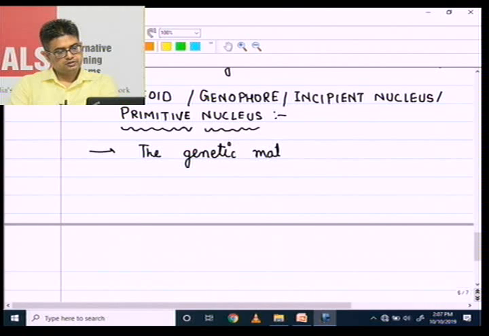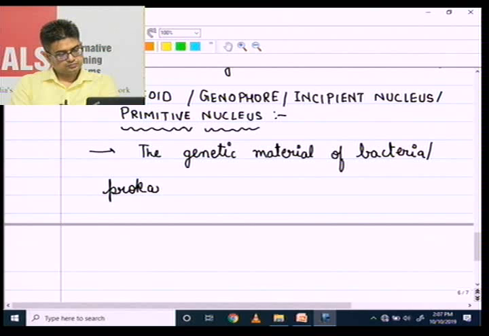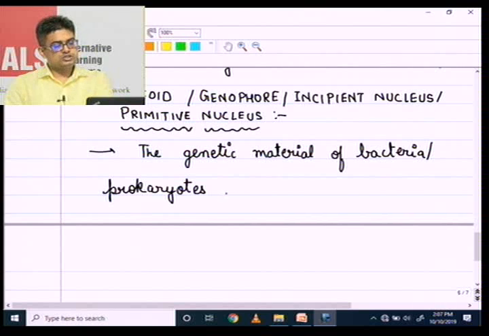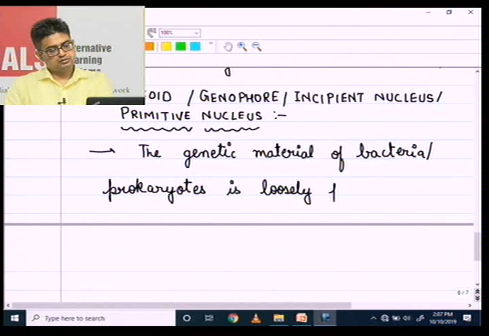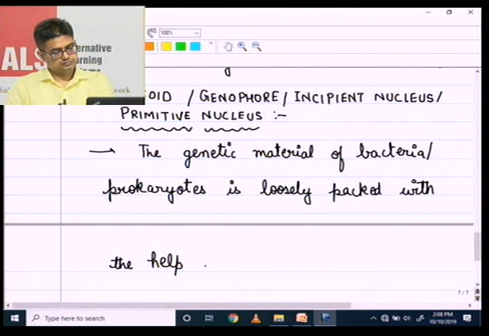The genetic material of bacteria or prokaryotes is loosely packed with the help of non-histone proteins.